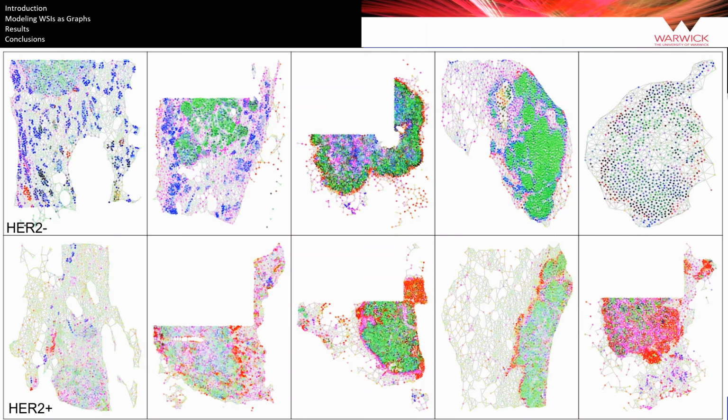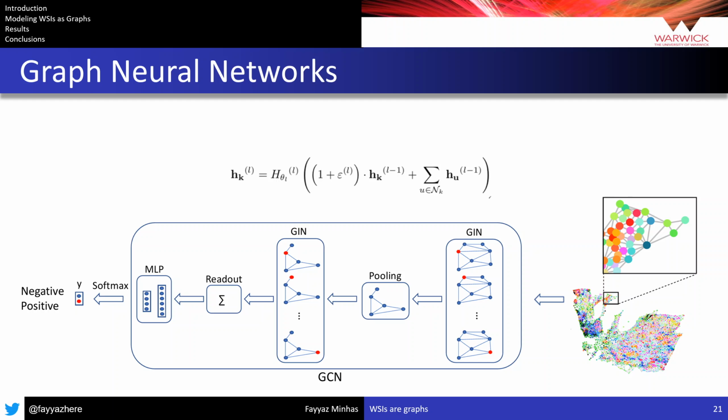However, doing this eyeballing for a large amount of data may not always be feasible, so we use graph neural networks, which are designed to handle such graph data. What they do is take in a graph and then generate a prediction for a given image.